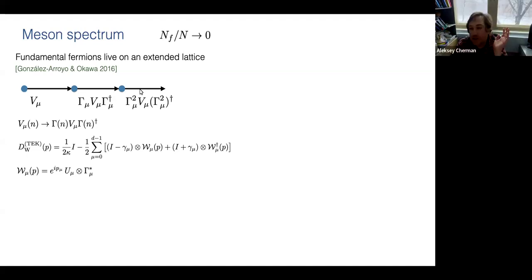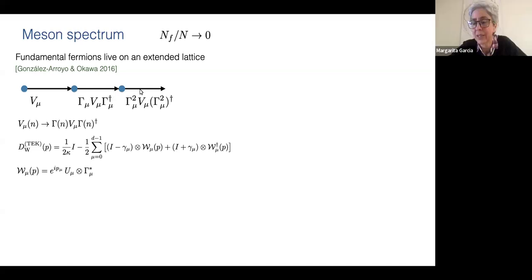But somehow the string tension is not a problem. The string tension extracted from Wilson loops is not a problem, because the Wilson loops you construct in this way, I mean, closed loops that extend over the lattice, you just multiply several times.